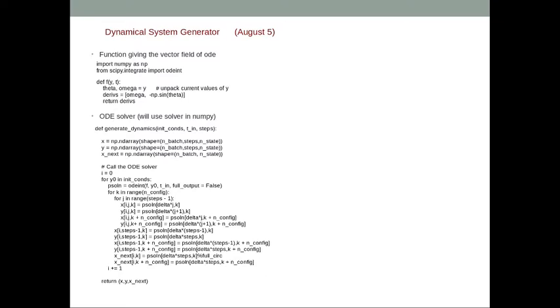Next we go to the ODE solver. The function which incorporates that is called def generate_dynamics. You input initial conditions, a time frame, and the number of steps within that time frame into that function, and you'll return at the bottom three arrays. One is X, one is Y, and one is X next.